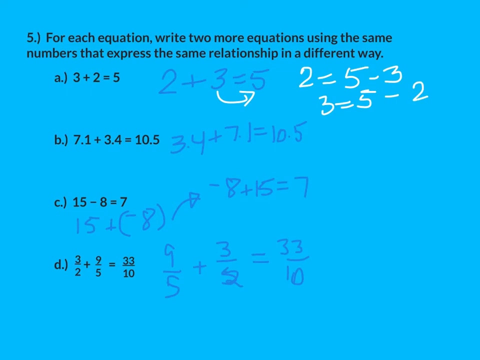Okay, next. Again, we just have to be strategic about this. We know that either one of these can be taken away from the 10.5. So I would therefore very simply make that 3.4 equals 10.5 minus 7.1.